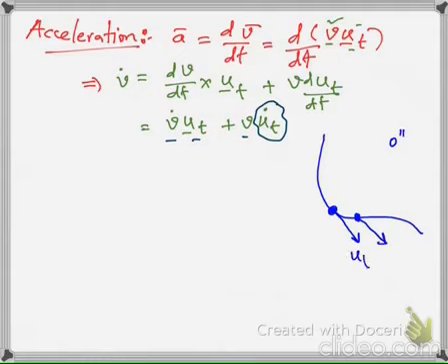So we assume this is ut and this one is ut prime, and the radius of curvature remains the same, because this distance ds is so small, the curvature remains rho for both cases.